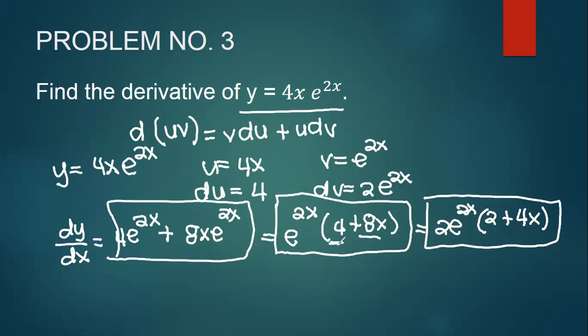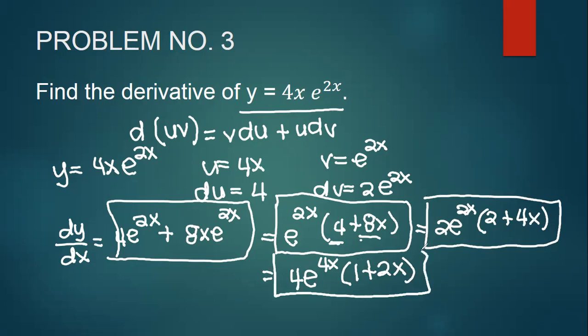However, since 4 and 8 are also multiples of 4, we can also say that this is 4e raised to 2x multiplied by 1 plus 2x. So any of the four answers will do. Okay, so let's check if our answers are correct.